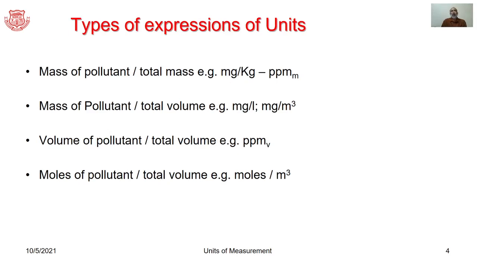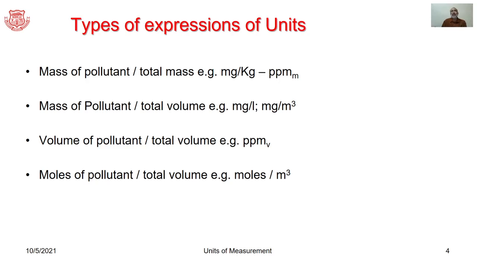So we can summarize that the units could be expressed in various types: as mass of pollutant by total mass, say for example milligram per kg.